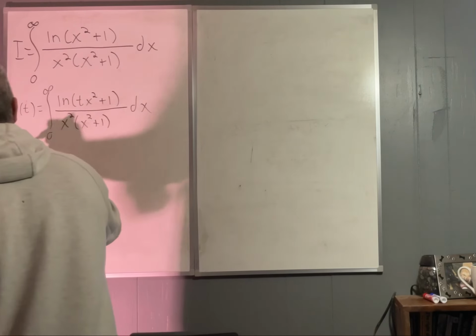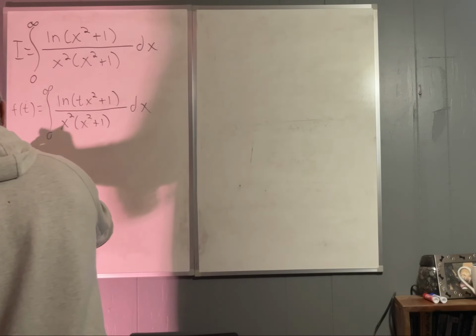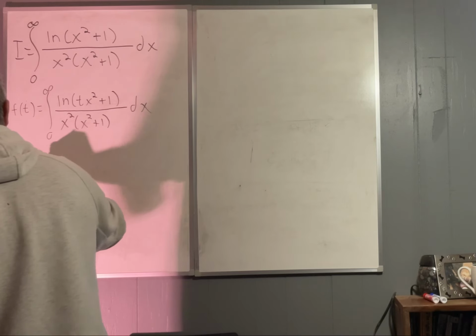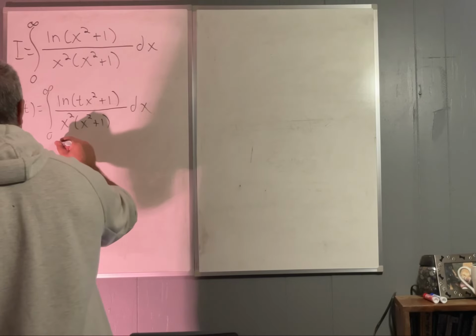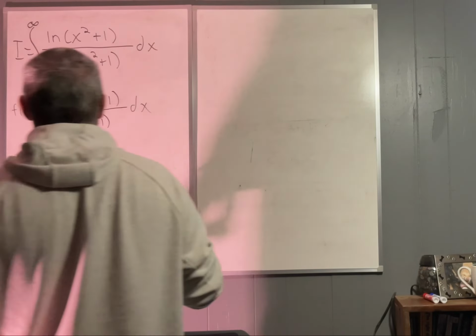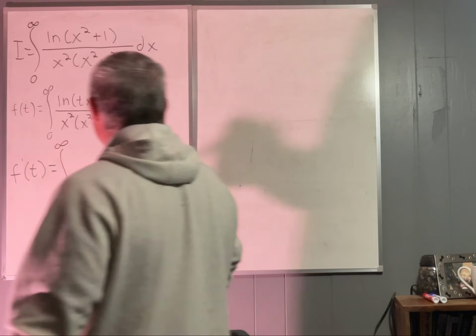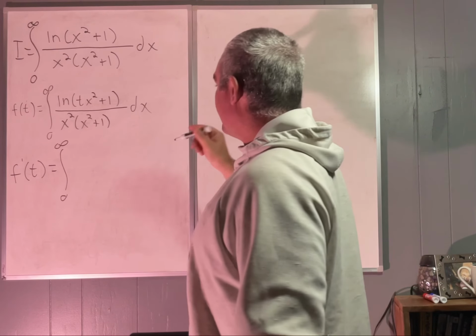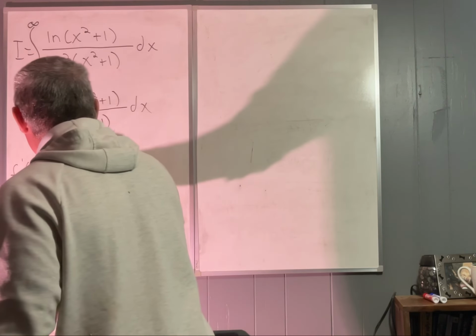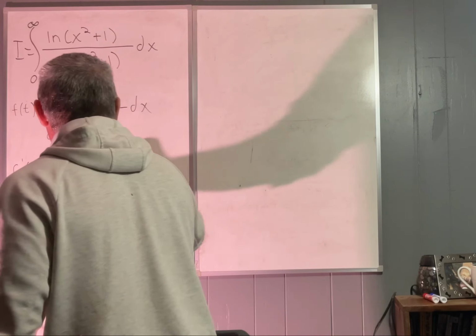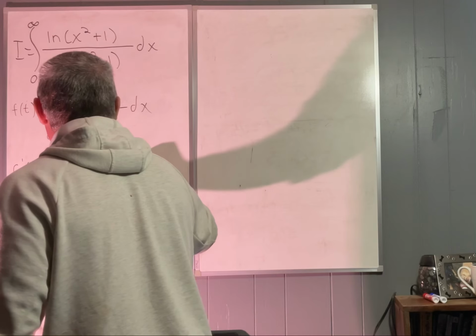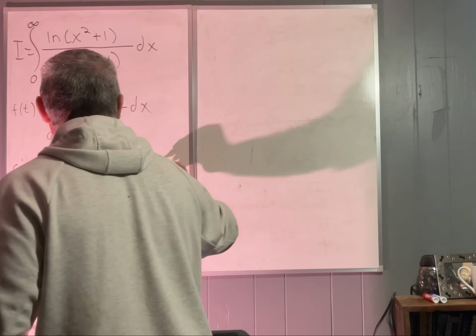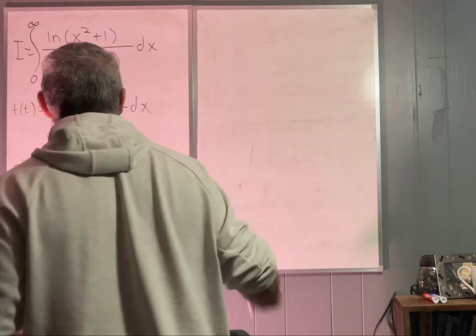So what we get is that f prime of t is equal to the integral from 0 to infinity of, okay, well, let's do this out. We're going to have the same denominator because with respect to t, those x's are constants, and of course we will have a dx.